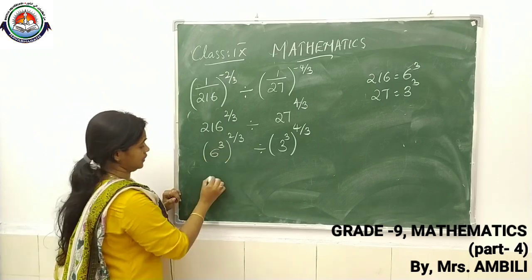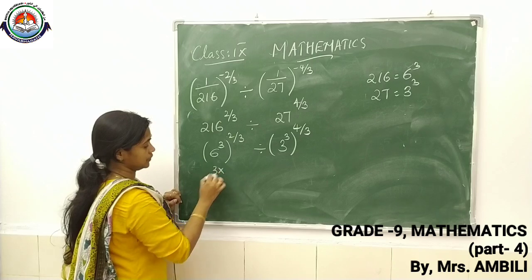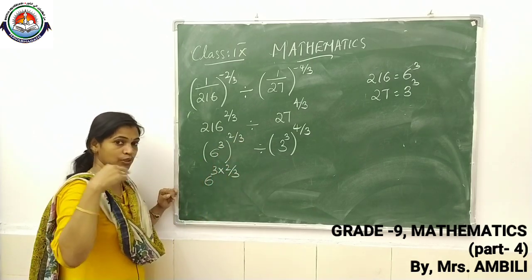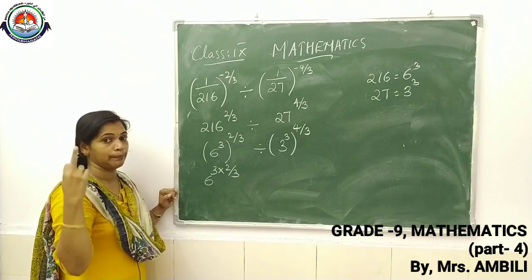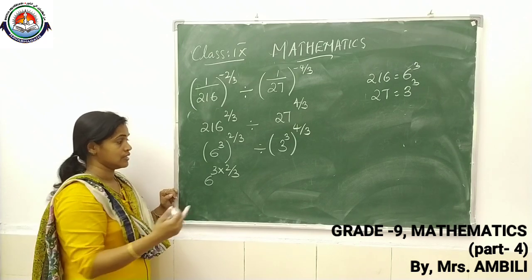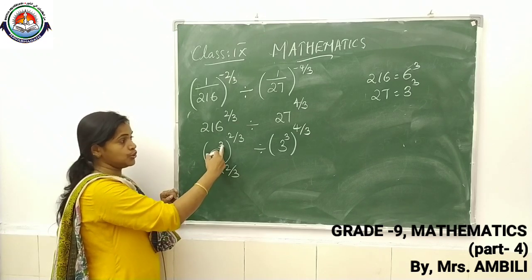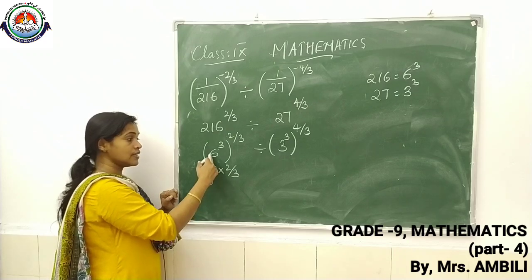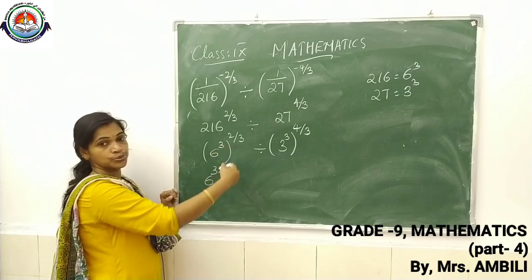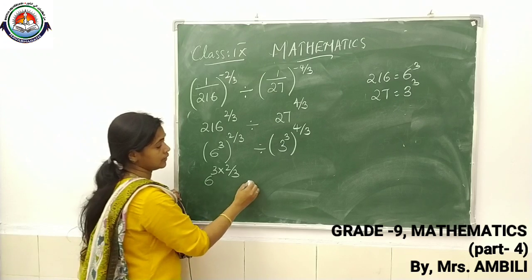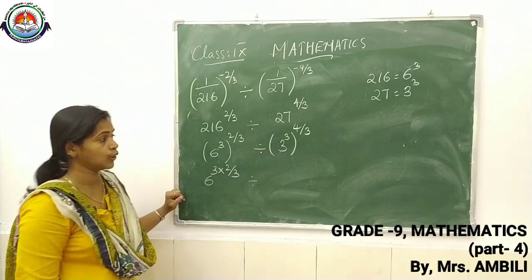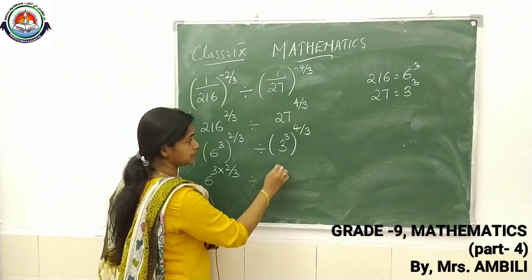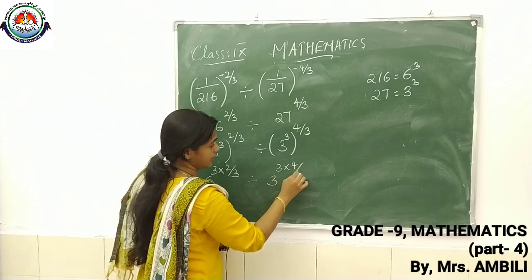Then here, 6 cube is 6 raised to 3, all raised to 2 by 3. A raised to m, the whole raised to n, equals a raised to m into n. So 6 raised to 3 all raised to 2 by 3, that we can write as 6 raised to 3 into 2 by 3. Then how can we write 3 cube raised to 4 by 3? Tell me. 3 raised to 3 into 4 by 3.